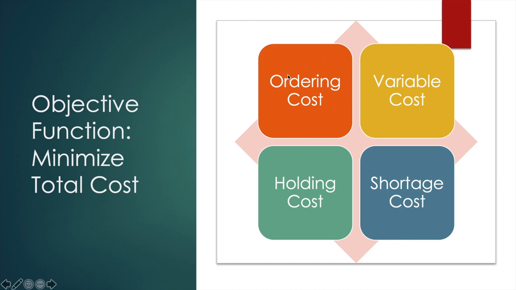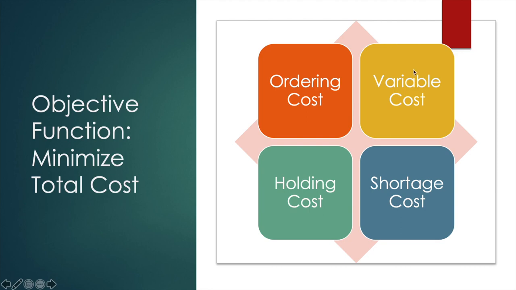Because if you order a lot from your suppliers, then your number of orders will be just a few, and therefore your total ordering cost is low. However, if your Q is high, then your holding cost is high. Why? Because you're ordering a lot, therefore you need to keep a lot in inventory, therefore this is high.